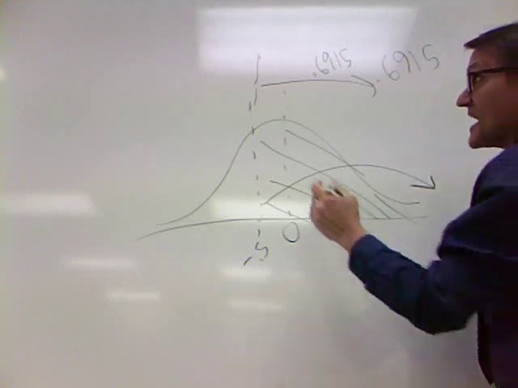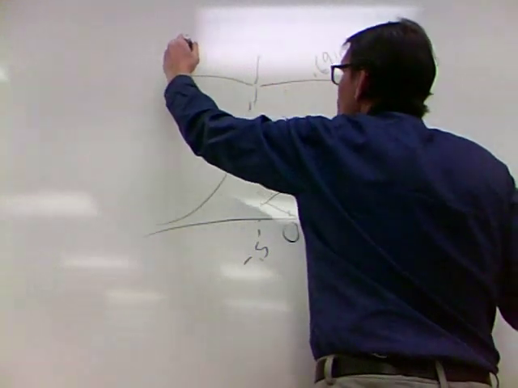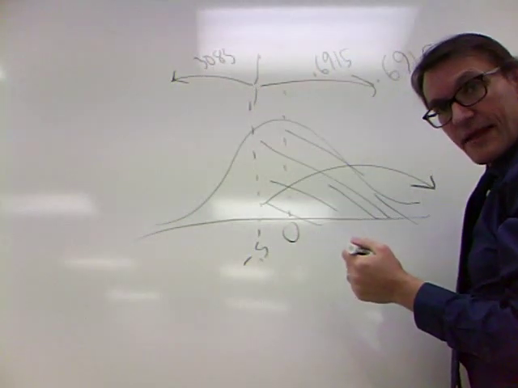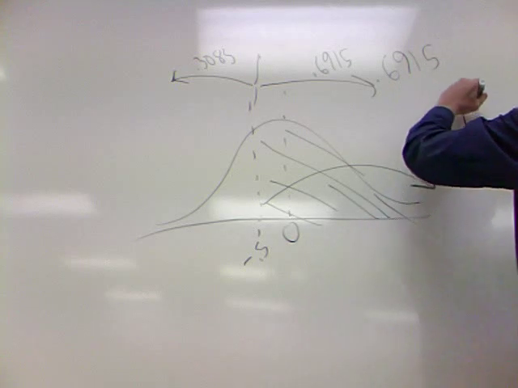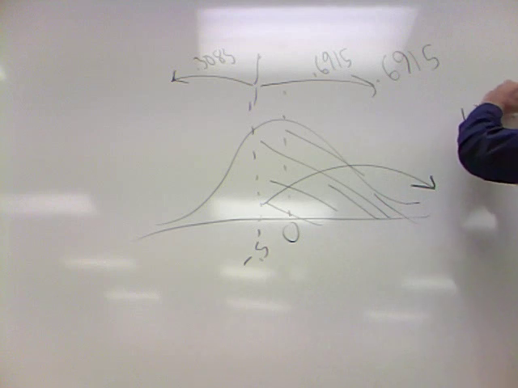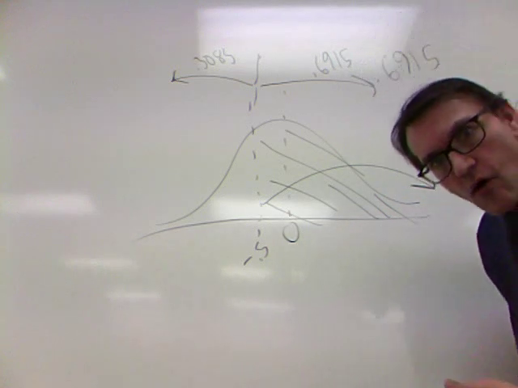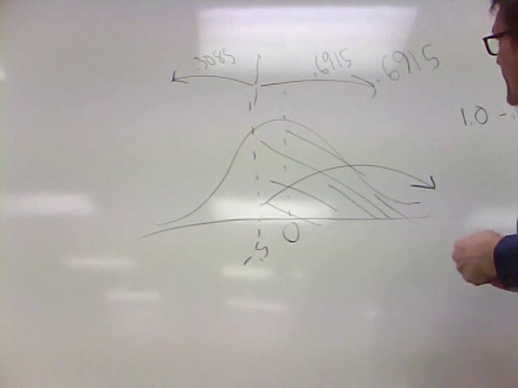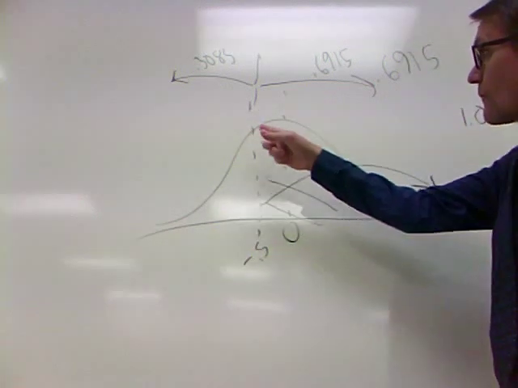But what that means is this area must be 0.3085. Where did I get that? 1.0 minus 0.6915, because 1.0, or 100%, is the total, so together it must equal 1.0.